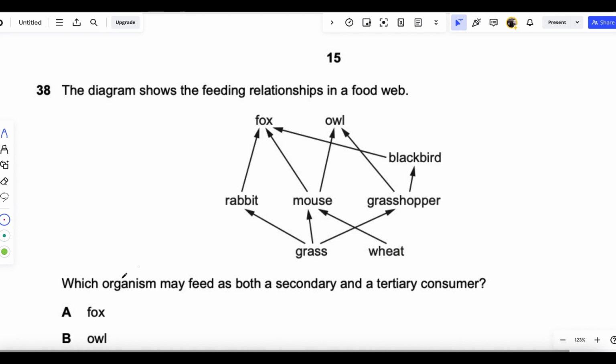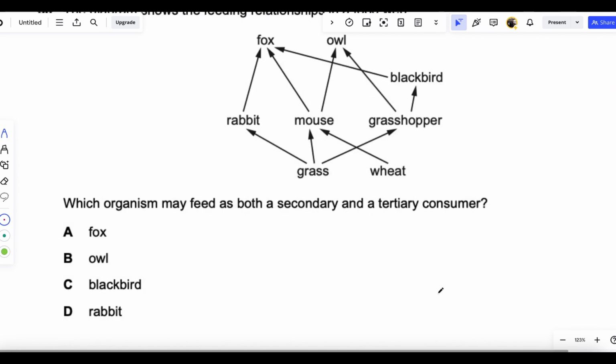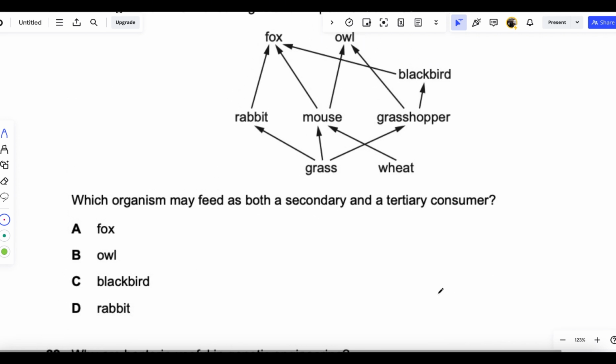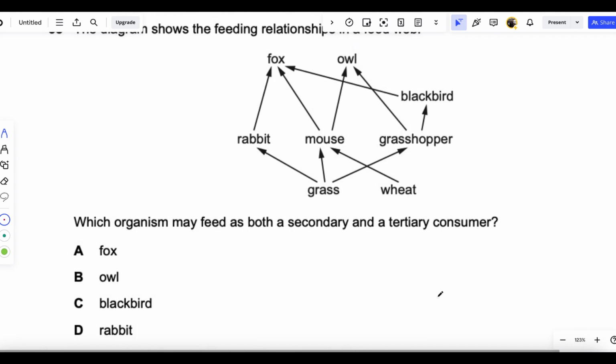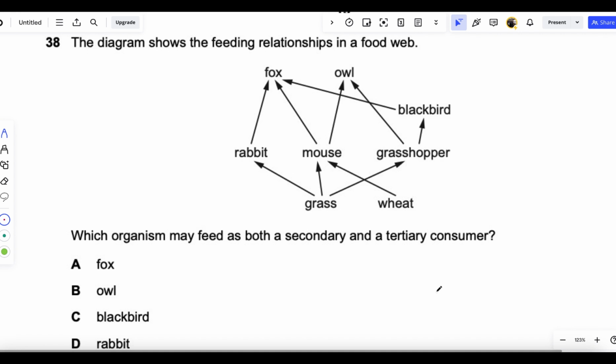So this is a food web. Which organism may feed as both a secondary and tertiary consumer?